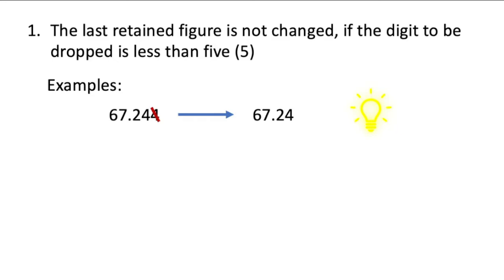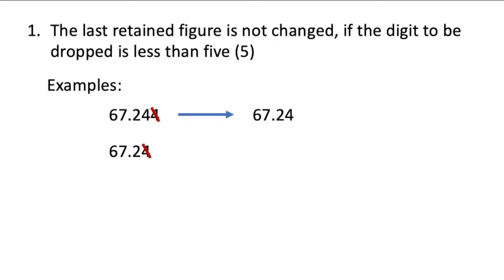So therefore the last retained figure will not be changed. It remains as 4. Another example is using this number 67.24, and I want to round it to a place in the decimal where there is only 1 decimal place on the right side, so dropping off 4 again.